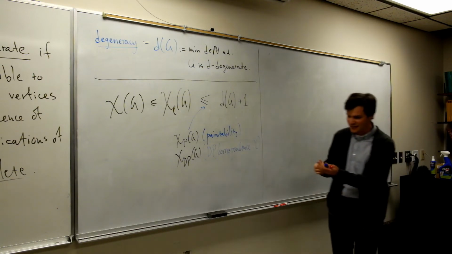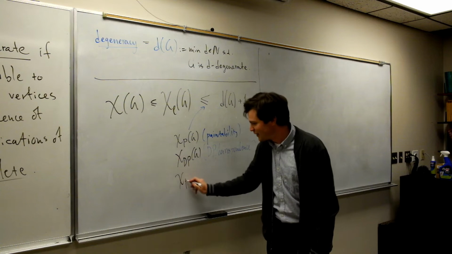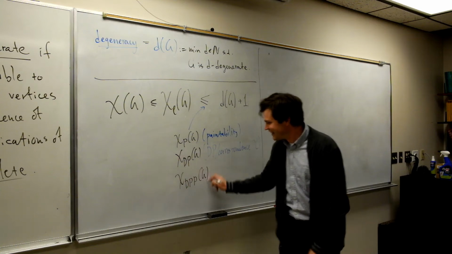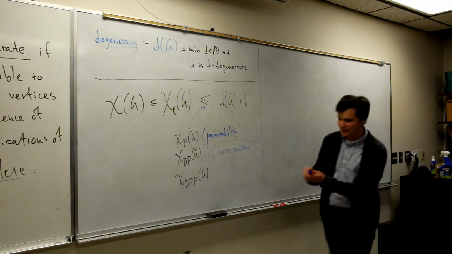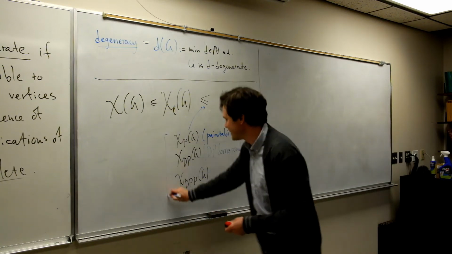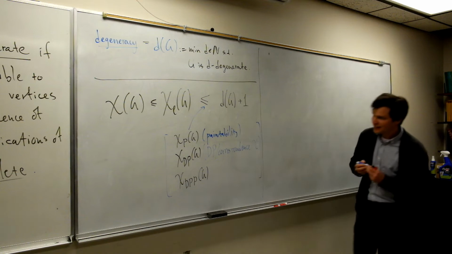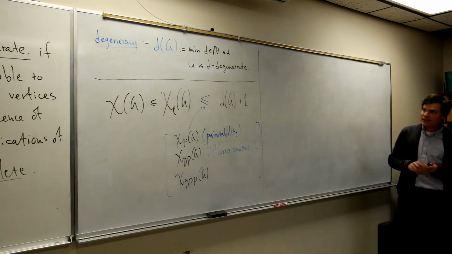That's also bounded by degeneracy +1. Actually, there is a common upper bound for these two things called the DP paintability. You can insert that there as well. That still is bounded by degeneracy +1. I don't want to define these things because they're not going to be relevant for the rest of the talk.